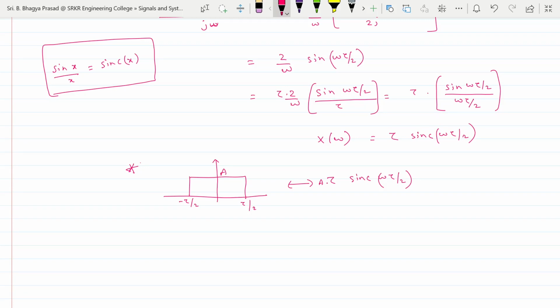And this sinc function will be 0 when omega tau by 2 is plus or minus n pi, that is, the sine of omega tau by 2 will be 0 for omega tau by 2 equal to plus or minus n pi.